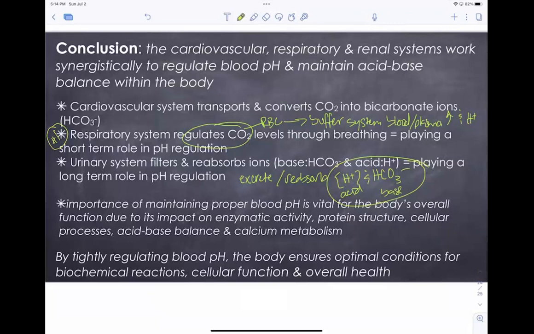For all the list of reasons, calcium is super important. And this is going to ensure optimal conditions so all these biochemical reactions can occur, your metabolism continues to transfer potential energy in the food to cellular energy, and maintain overall health. So hopefully this helps illuminate the importance of pH in the blood and how the body physiologically controls it.